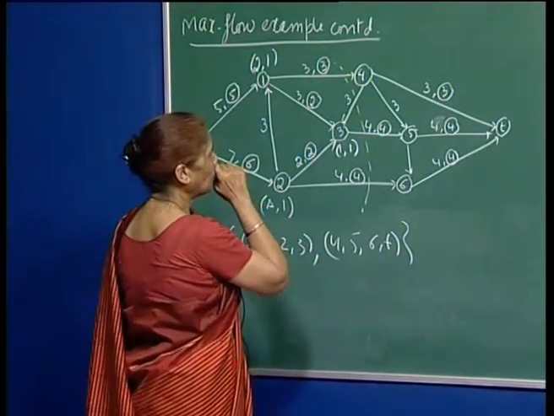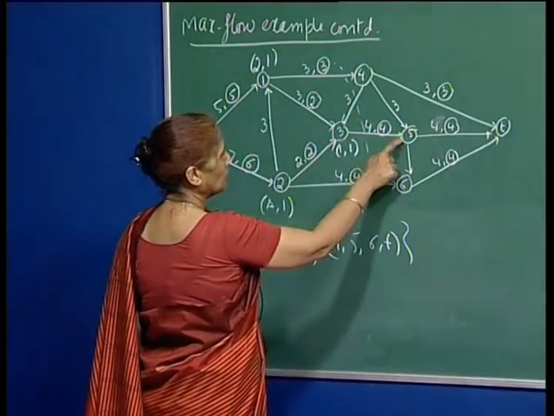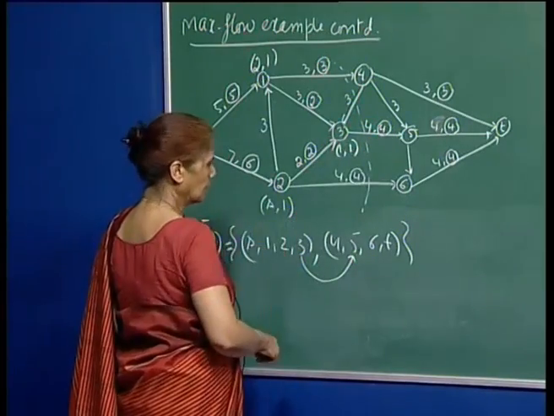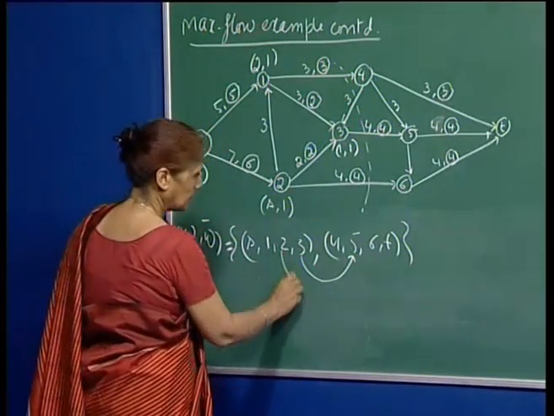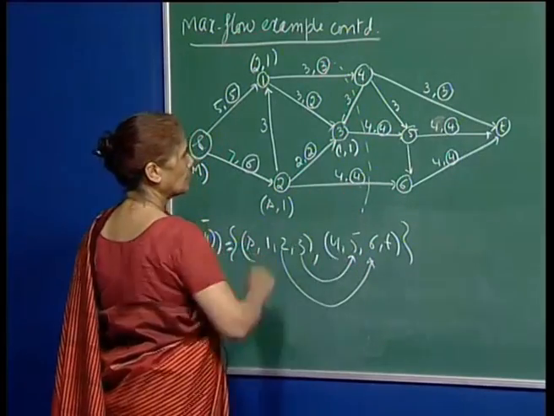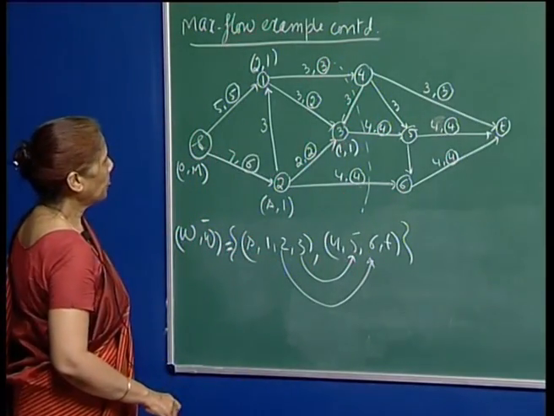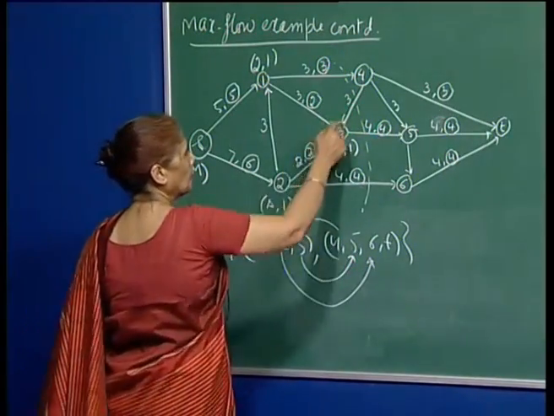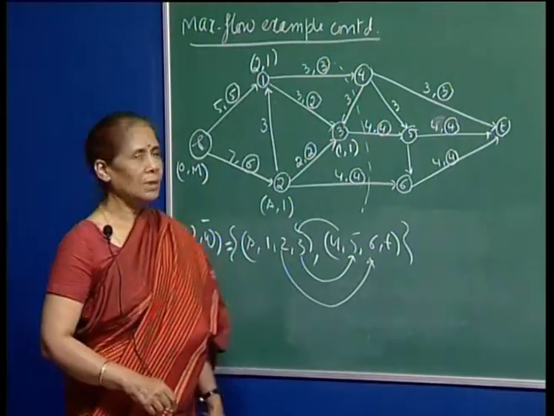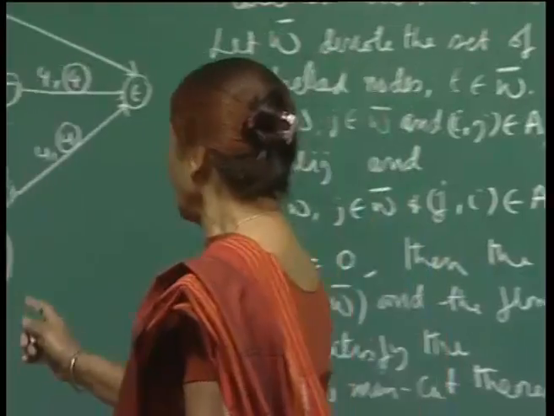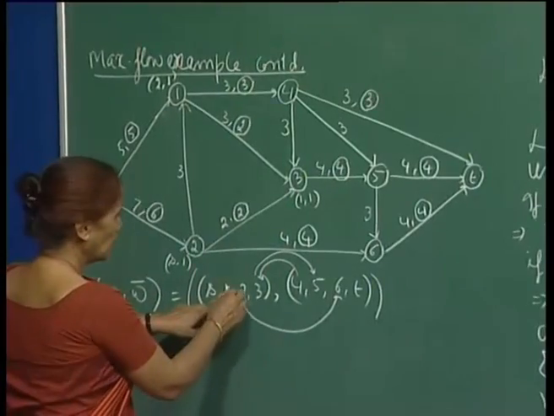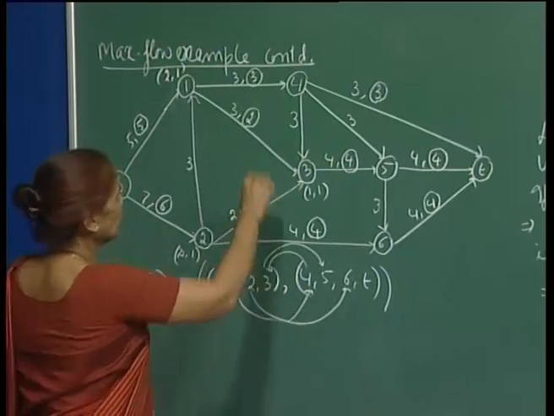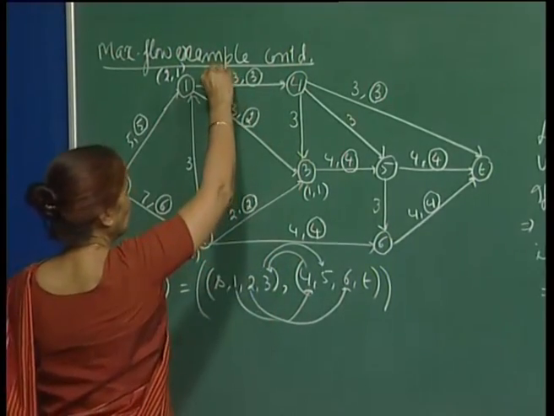So look at all the forward arcs. This 3 to 5 is a forward arc, right? And this is saturated. Then you have 2 to 6, also a forward arc. This is also saturated, and the arc 4, 3 has no flow on it, so the corresponding X43 is 0 in the current flow. The last arc of this cut is 1, 4. You see the cut is S, 1, 2, 3.